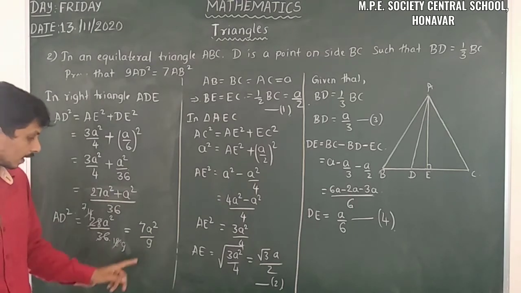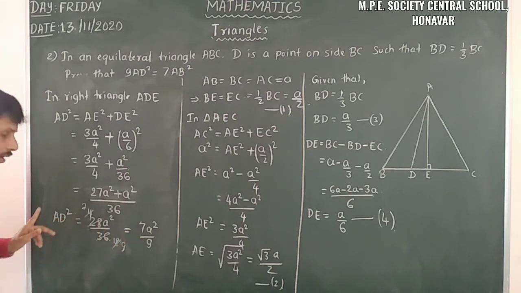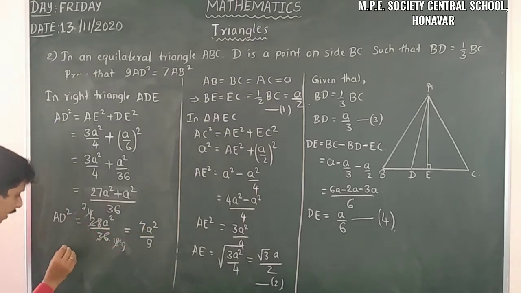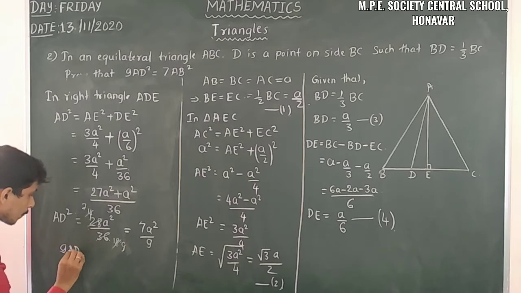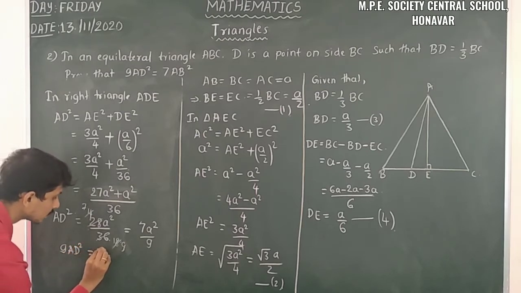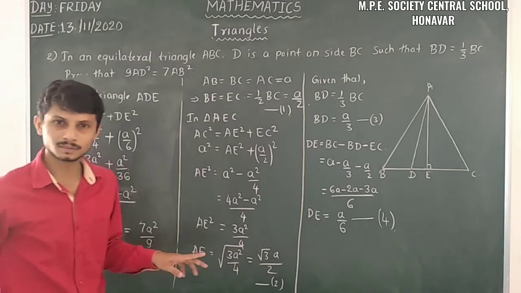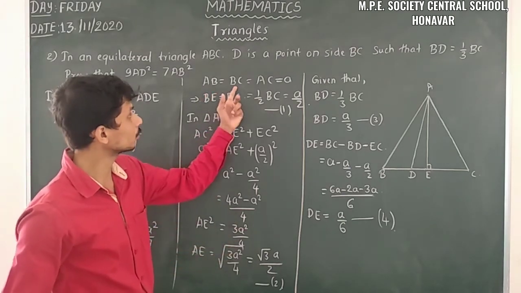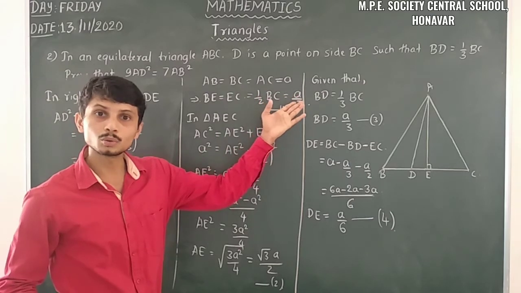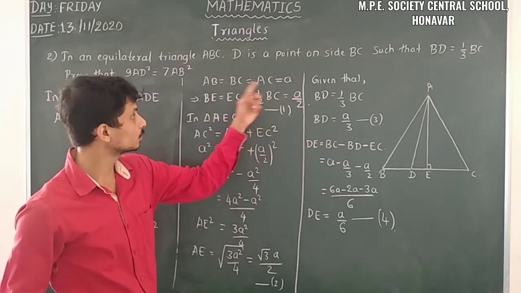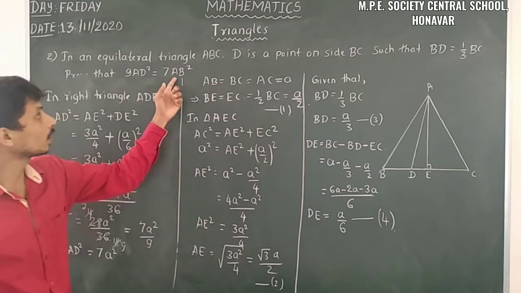7a square by 9. I will transpose this 9 to the LHS. 7a square remains as it is. That is 9AD square is equal to 7a square. So what's the value of a here? Just observe here, AB is equal to BC is equal to AC is equal to A, so you can substitute any side here. I will substitute AB because I want AB square here.